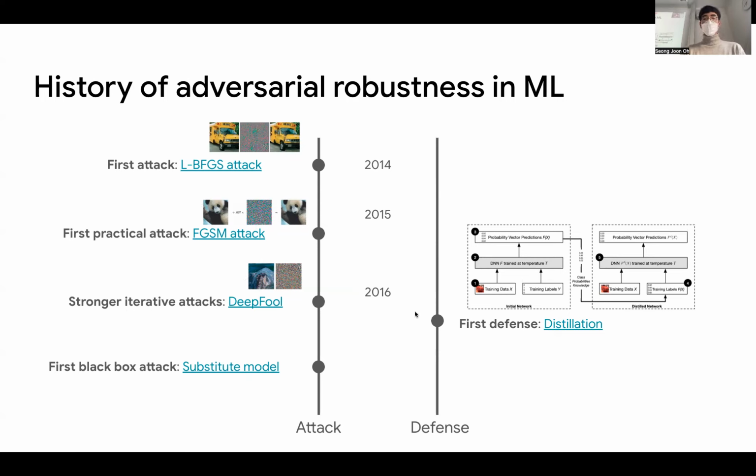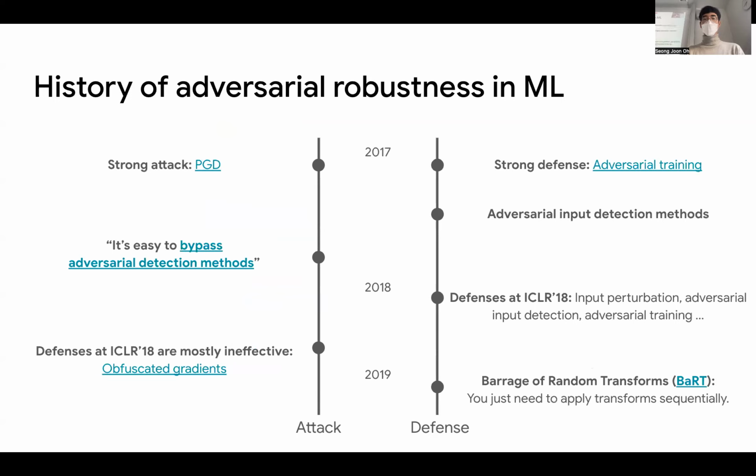Then in 2016, you see a lot more attacks like DeepFool and also black box attacks. On the defense side, people looked into distillation as a possible defense. I'm just giving you an idea of how the ideas flow over the years. Then in 2017, there was a strong attack and then a strong defense as well, adversarial training.